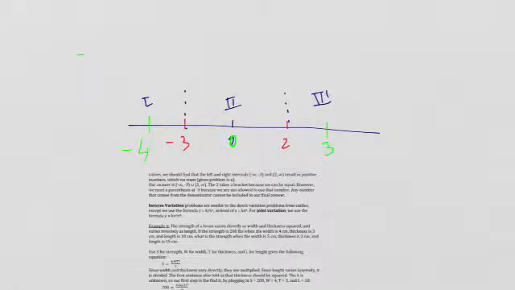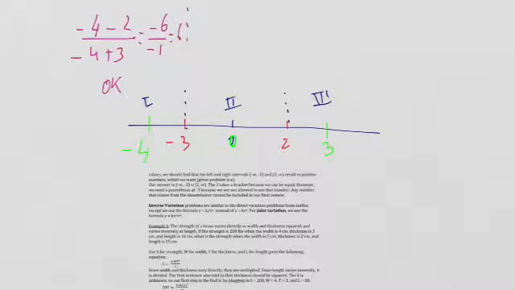I have negative 4 minus 2 over negative 4 plus 3. That gives me negative 6 divided by negative 1, which is 6. So my rational inequality is okay because it is supposed to be greater than or equal to 0.